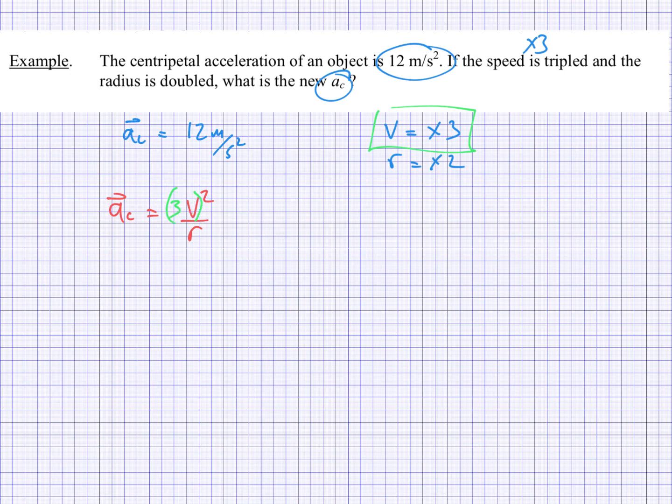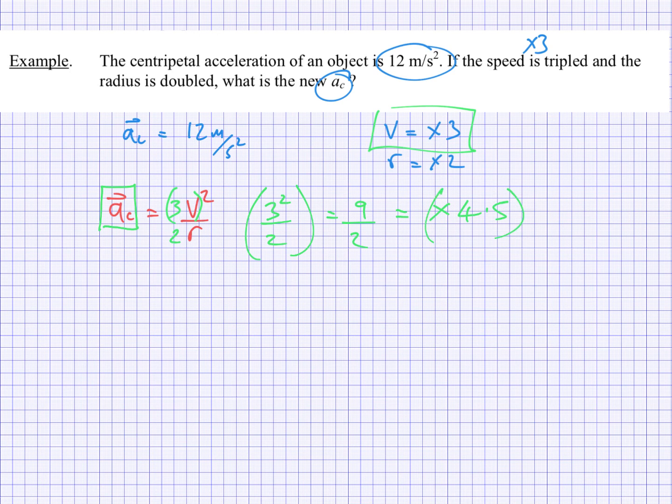Therefore, the 3 needs to be squared. The function is applied to the value. And then obviously the radius is just sitting at the bottom by itself, so that's just going to be 2. So the ratio increase of our centripetal acceleration is 3 squared over 2, which is 9 over 2, which is an increased factor of 4.5.